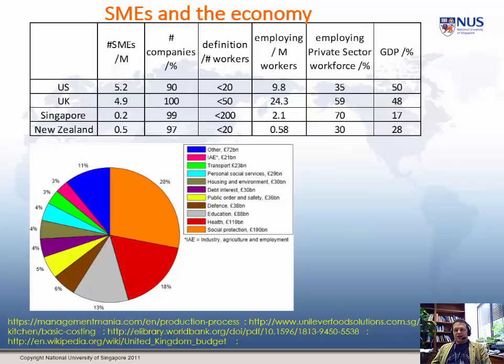And I've put this up to show you the sorts of things that a country or government needs. So I just look at the headings here: transport, social services, housing, environment, debt interest, public order, defence, education, health, and it goes on and on.